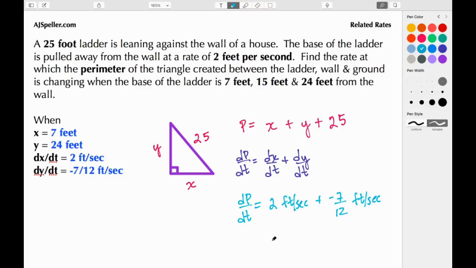All right, before we can add these, let's create a common denominator. Well, this 2 was understood to be over 1, so if I multiply the 1 times 12, then I have to multiply the 2 times 12 to get 24. So I have 24/12 feet per second, and then I have a positive and a negative, which makes this a negative 7/12 feet per second.